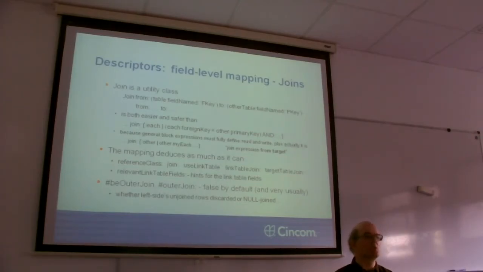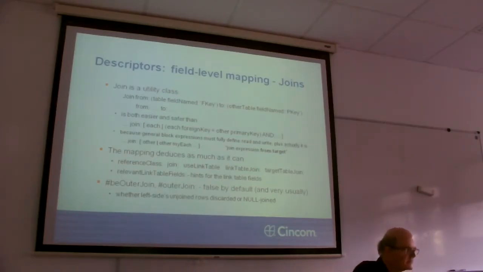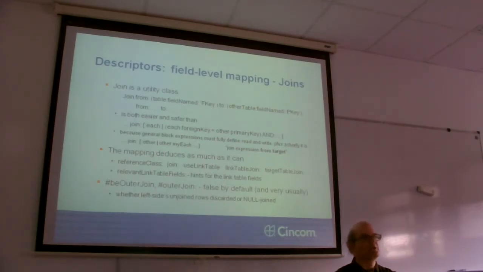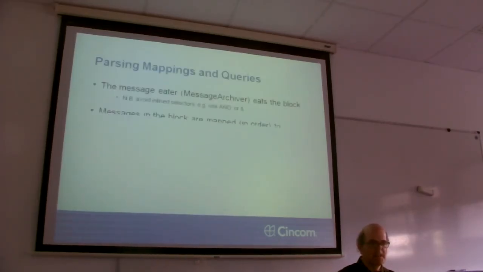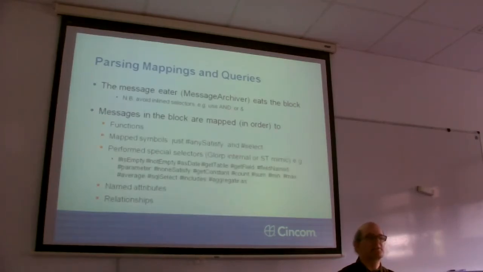So there's more and more and more. Okay, so you build up the joins, and here's the outer join stuff that I was talking about before in terms of the frequent flyer stuff. Okay, now we're getting on to stuff that's common.